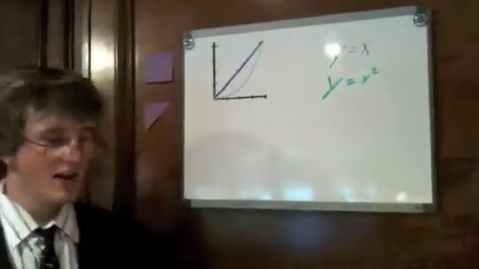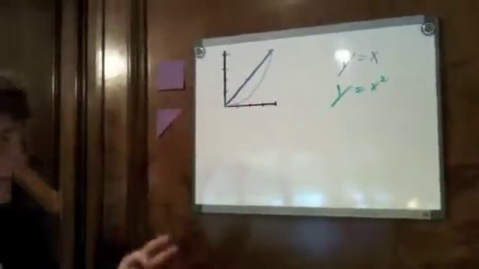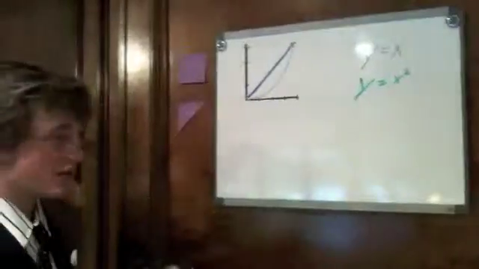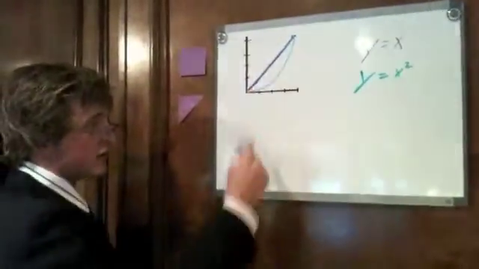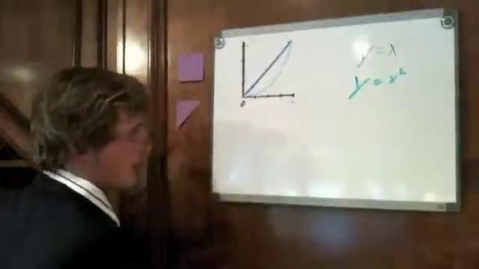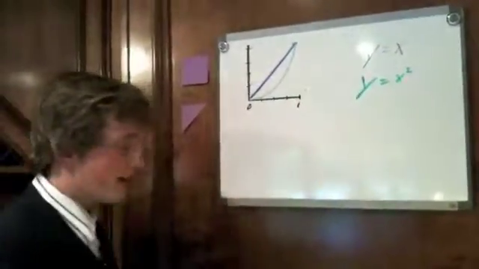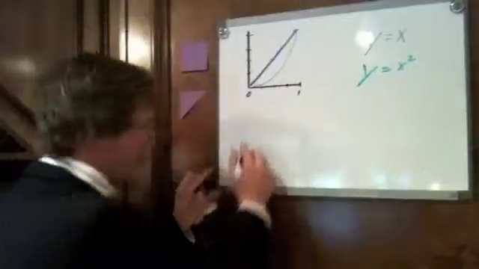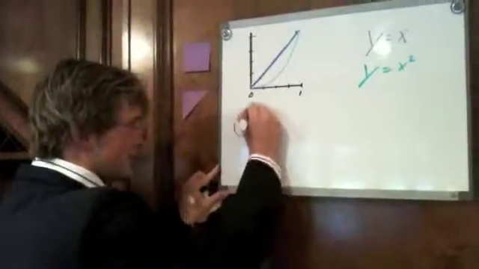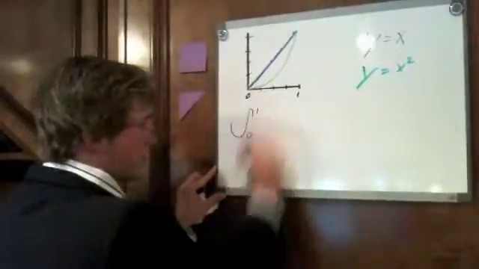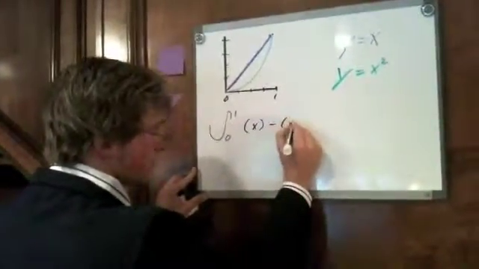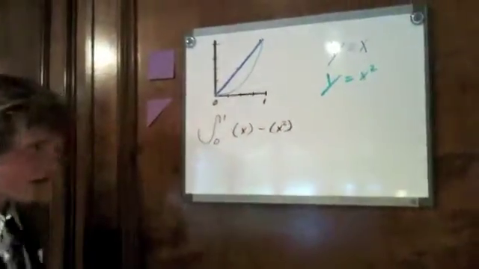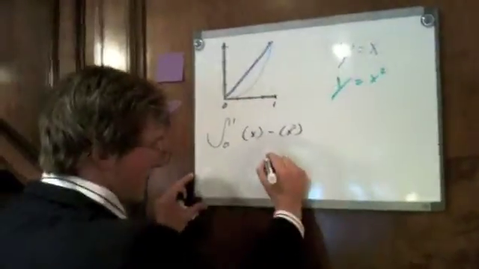Okay, so now I'm going to show you an example of how to use our equation. Here's a graph of x and the graph of x squared, where the domain is 0 to 1. What we're going to do is take the integral from 0 to 1 of x minus x squared.